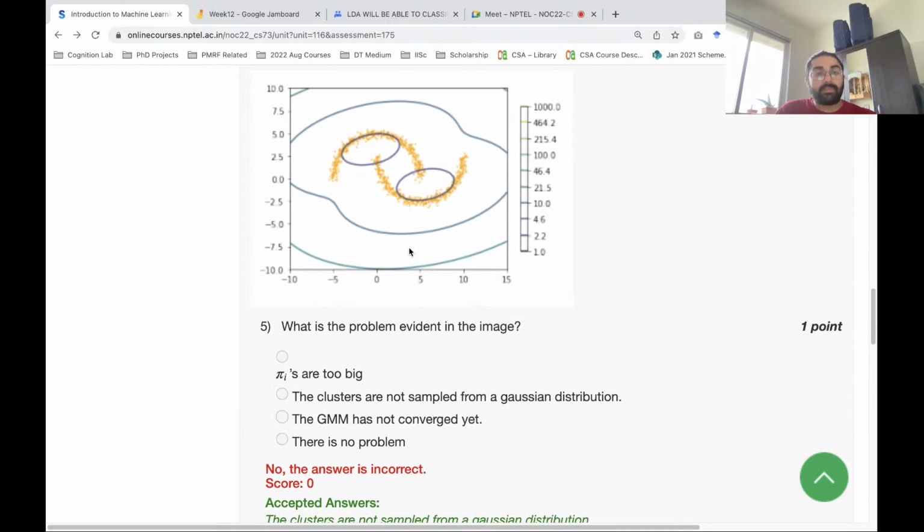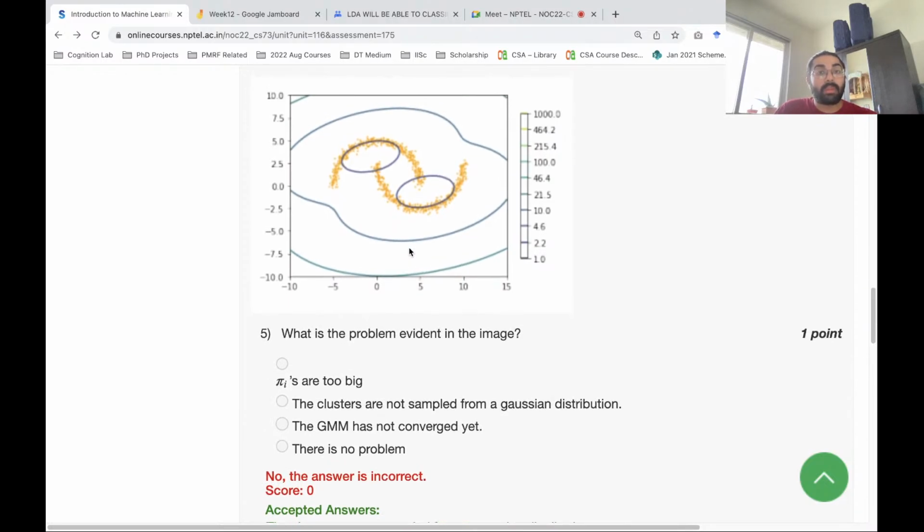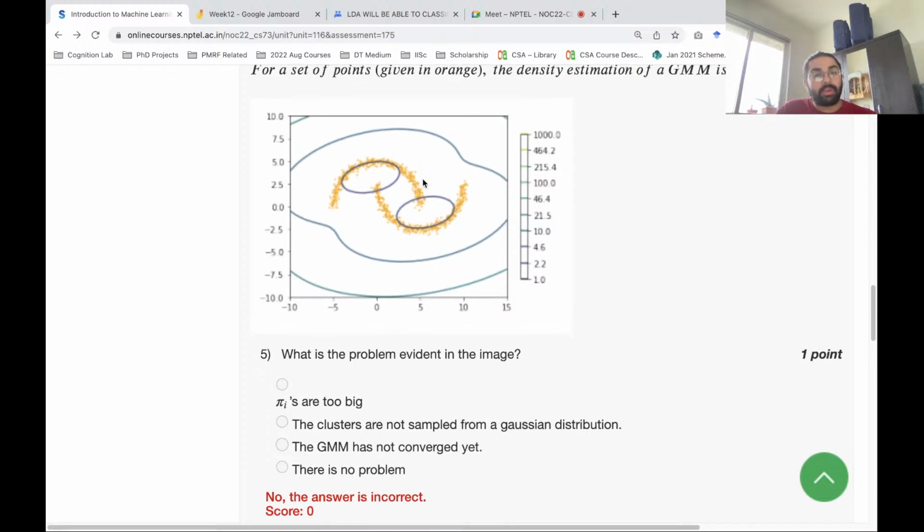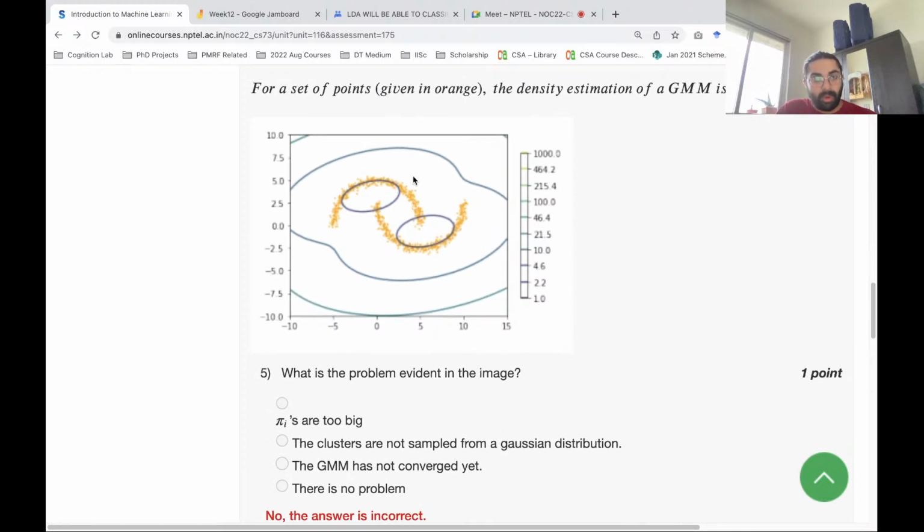Sir, what are these yellow dots here? The yellow dots are the points that you want to cluster, the data points of x and y. Sir, they are not in a circular fashion at all, unlike the last question where they were in a circular fashion.